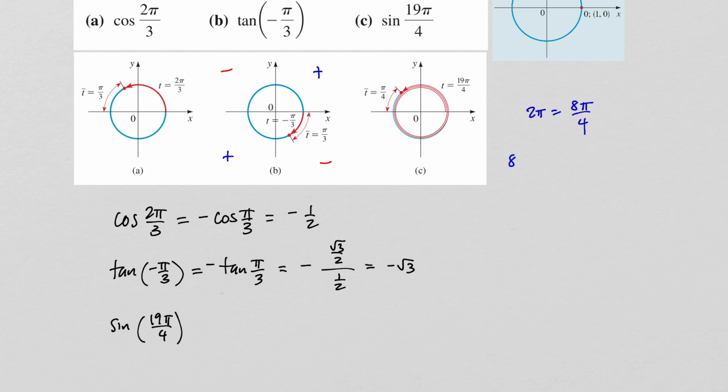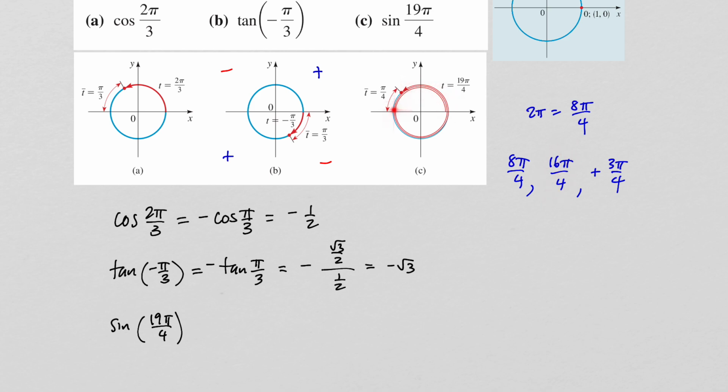So one revolution is 8 pi over 4. Another revolution would be another 8 pi over 4, so that would be 16 pi over 4. And then 19 pi over 4 is just going to be plus 3 pi over 4 to the 16 pi over 4, right? If we add 3 pi over 4 to 16 pi over 4, we get 19 pi over 4.